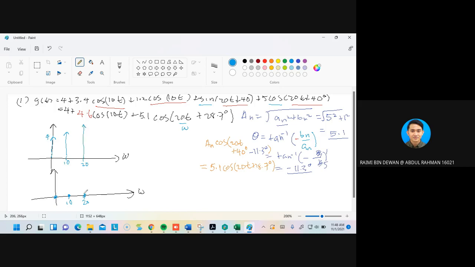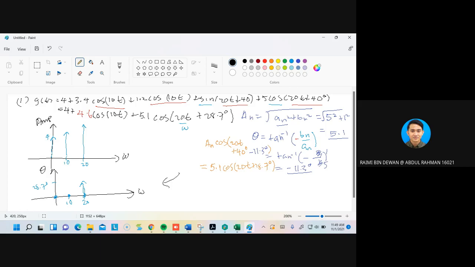Then you have this 28.7, your phase shift, this is your theta. This is your amplitude. So your equation is 4.6 cos. So this is it.